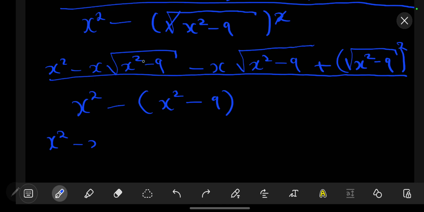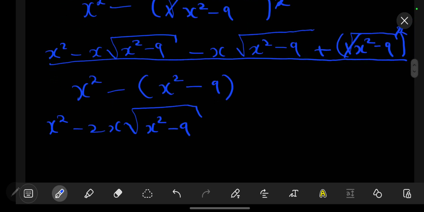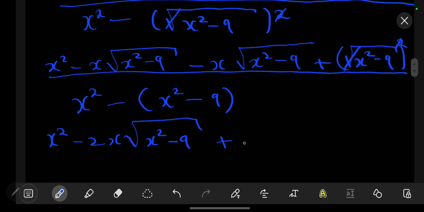Negative x minus x will give us a minus 2x. Then we have the square root of x squared minus 9, like that. Then this power 2 will cancel with the square root. Then we are going to have plus, we open the brackets, we have x squared minus 9, like that.